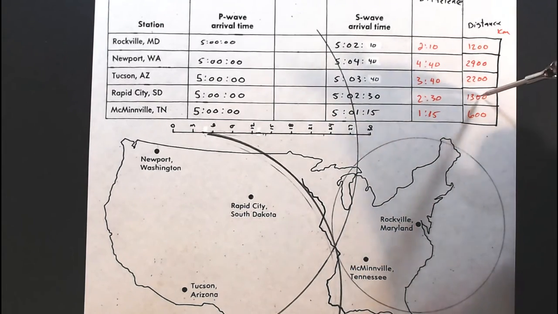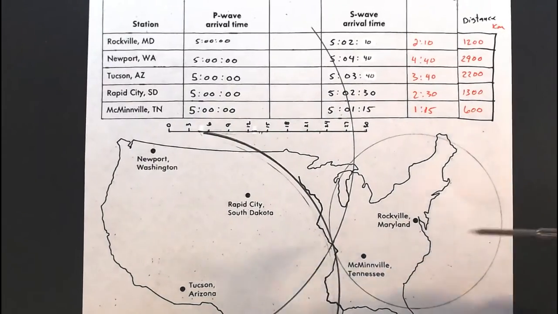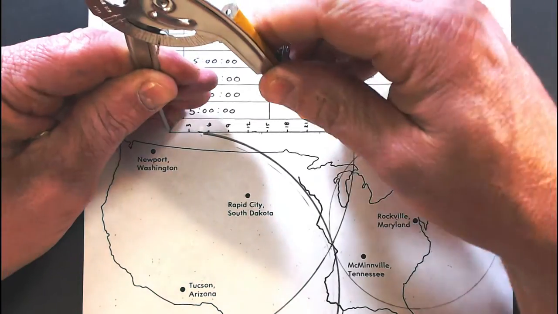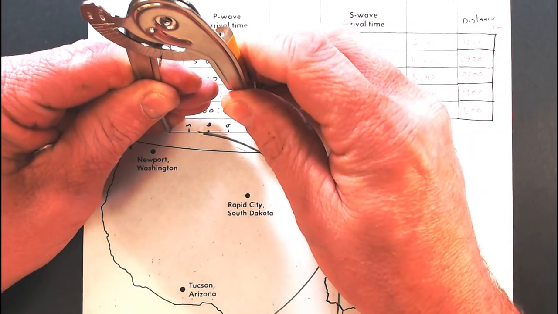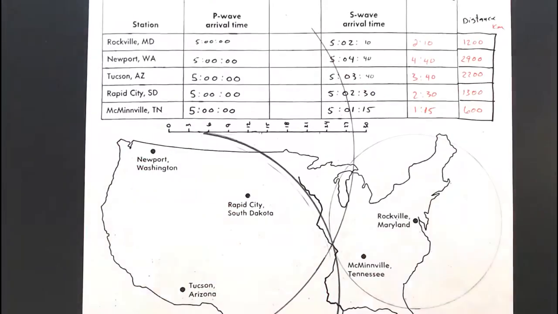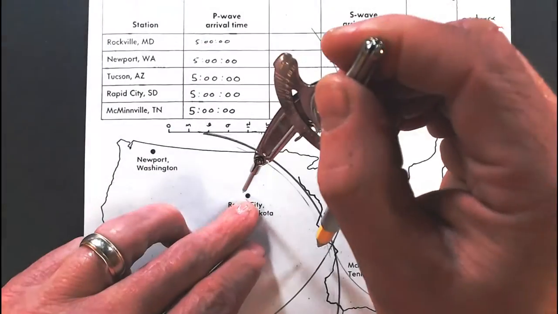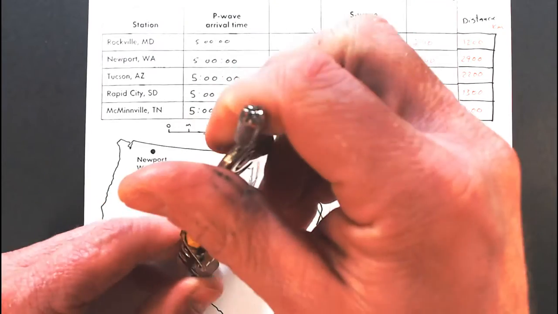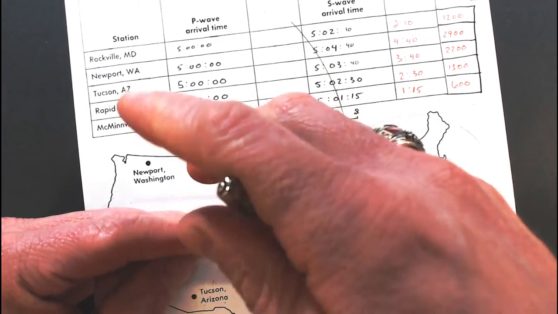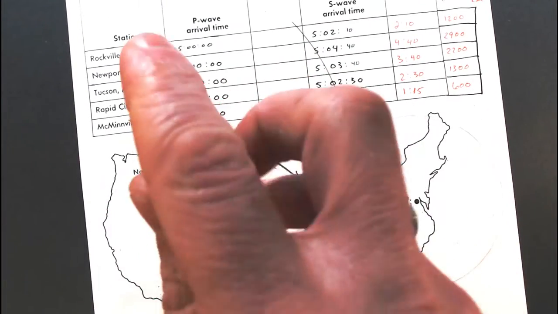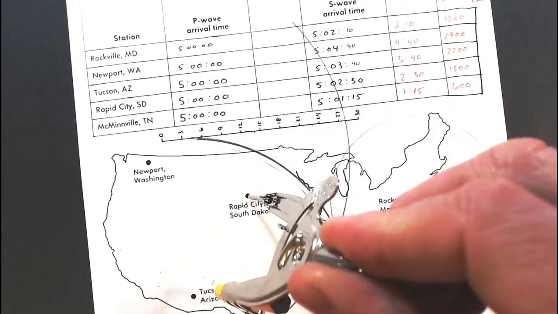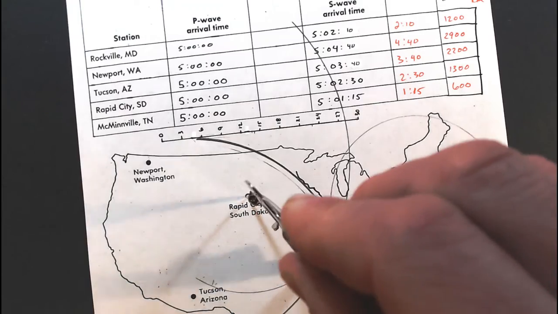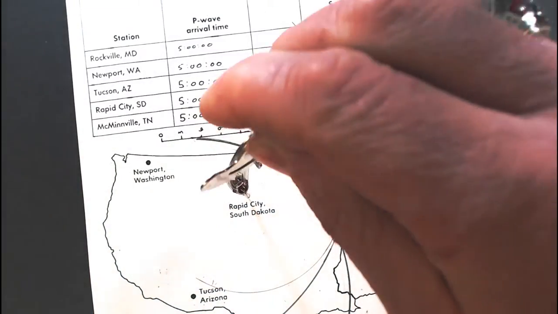So we have Rapid City, we're at 1300. So I'm going to make a mark right here. I'm going to take my compass and we're going to move that in here about to there. Rapid City, we're going to put a mark right here in the middle. Okay, and we should be able to make a mark, so we come right through here. And that's pretty close.